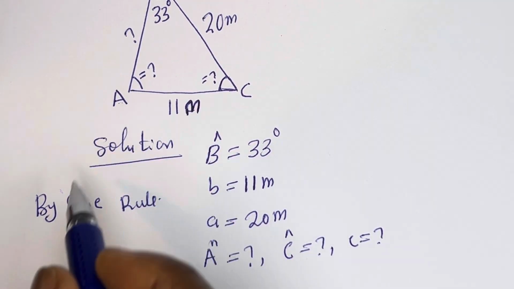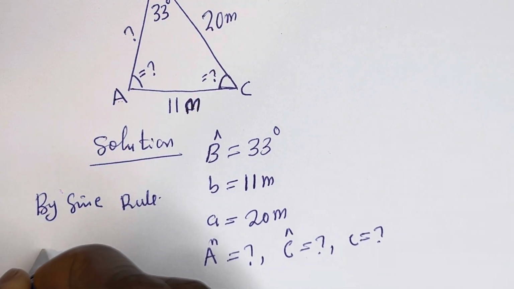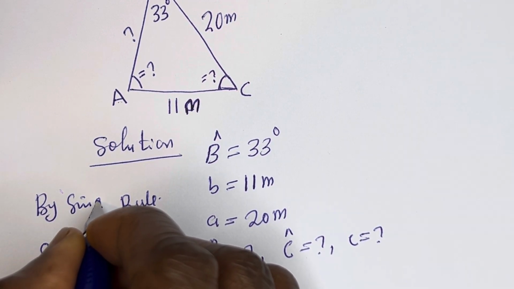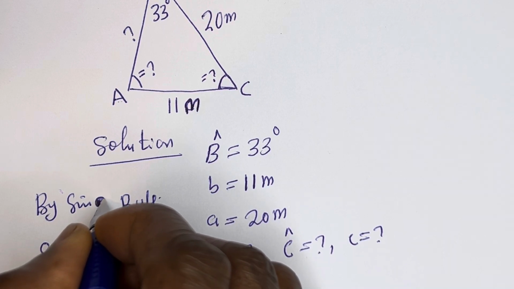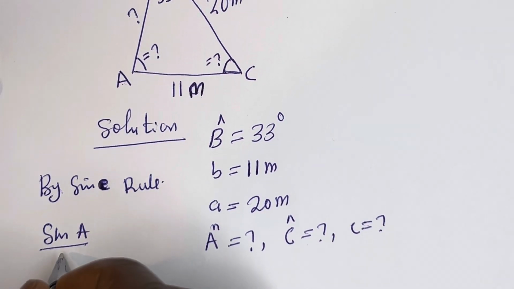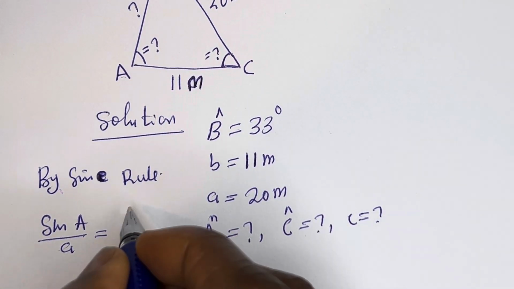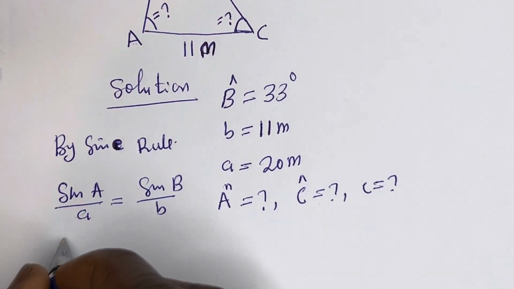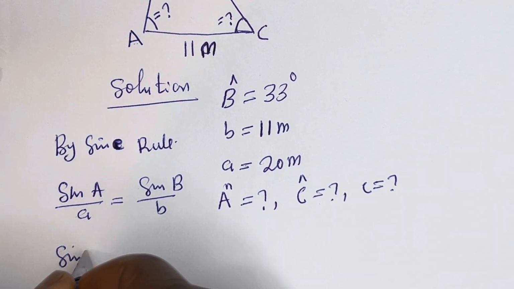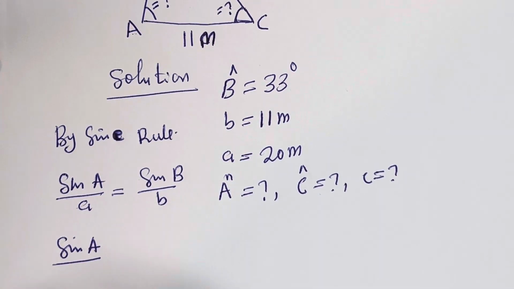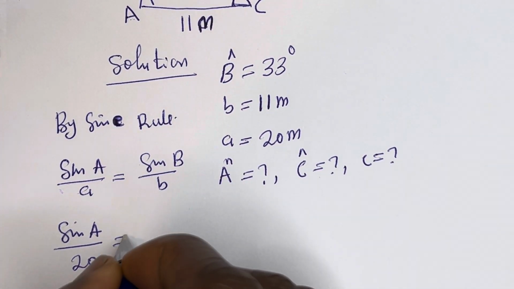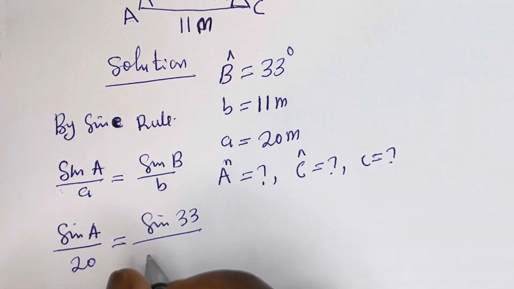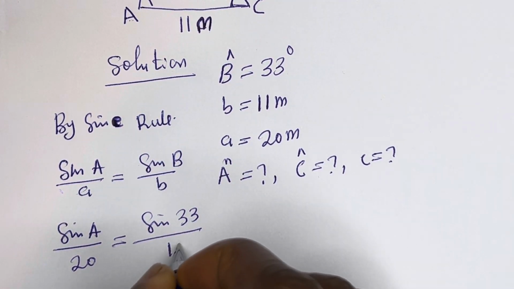now let's solve for angle A. We have sine A over A is equal to sine B over B. So this is sine A over A, which is 20, is equal to sine B, that is 33 over B, which is 11.